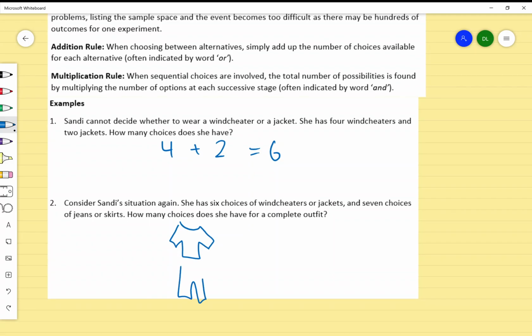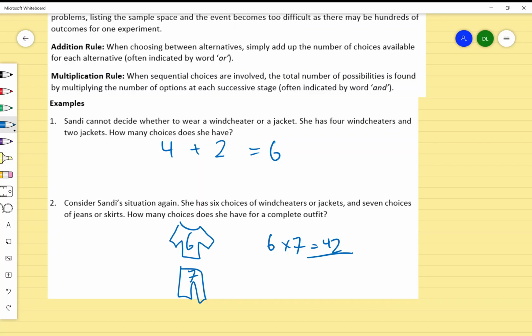Let's just draw jeans. There we go. So I have 6 on top and 7 options on the bottom. So I can multiply them: 6 times 7 gives me 42 options. So if I was to pick a certain wind cheater and a certain pair of jeans and then change up the order, you can have 42 different possibilities.